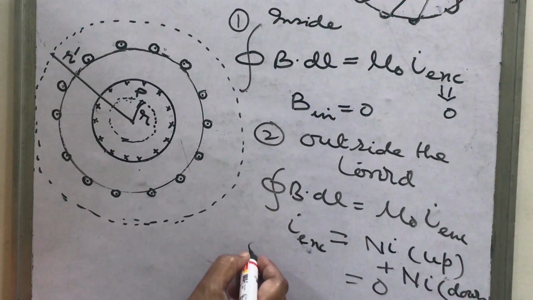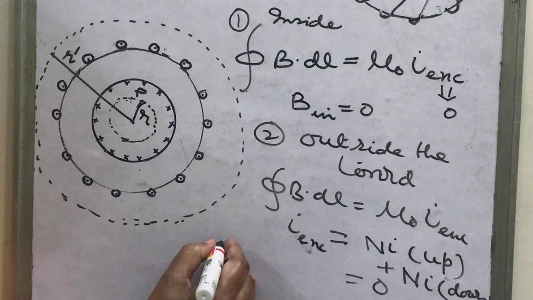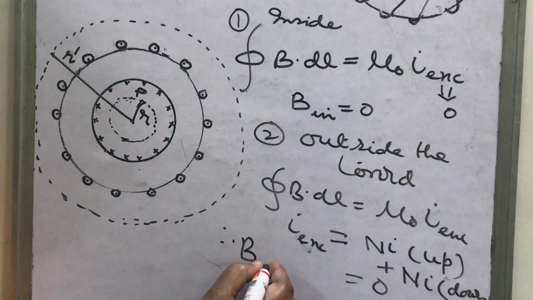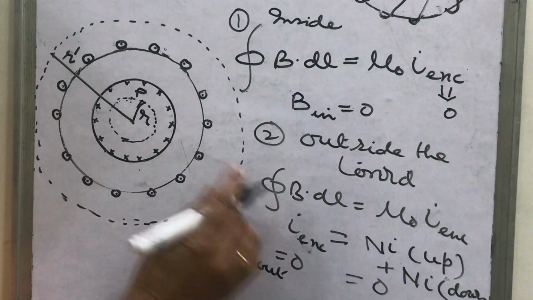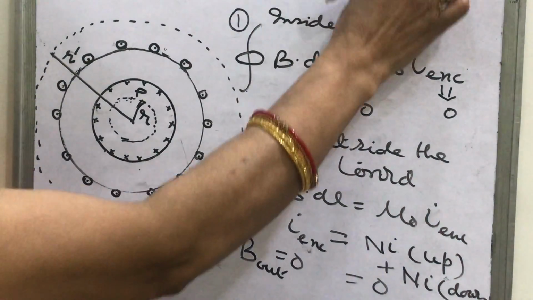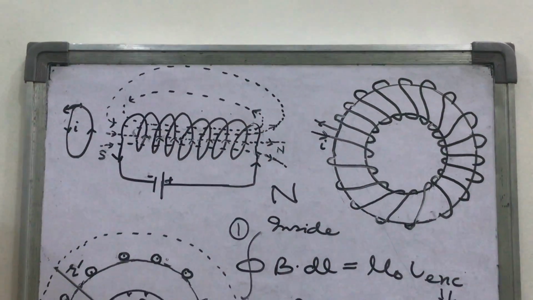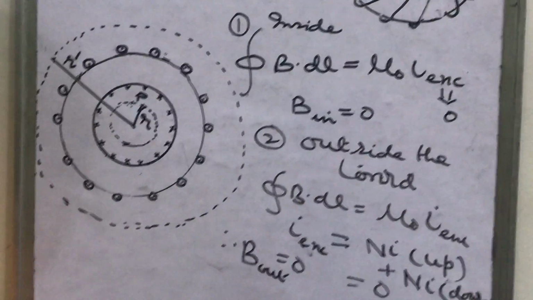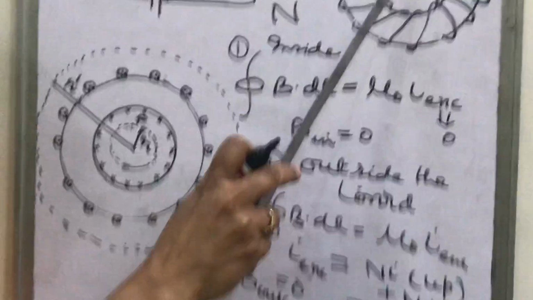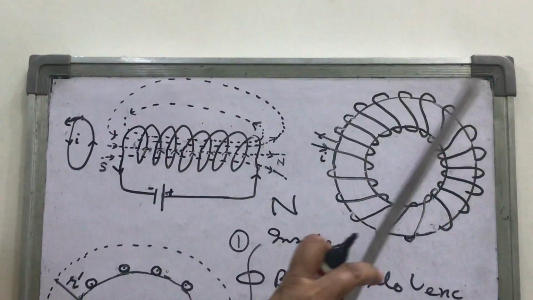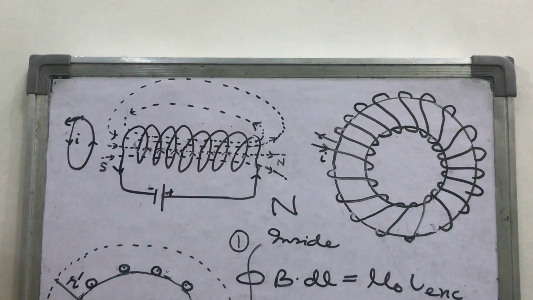That is why B out is 0. So outside as well as inside, that is, at the place here and at the place outside the toroid, the magnetic field is 0. I am repeating again that at the places here and here, the magnetic field is 0.